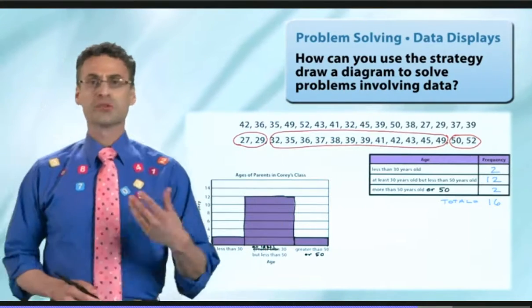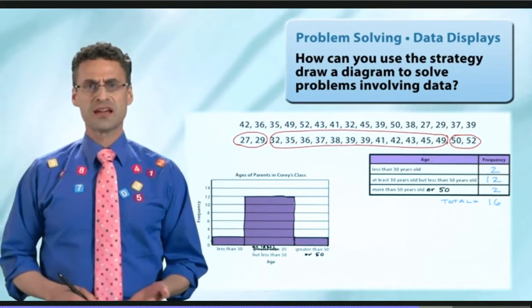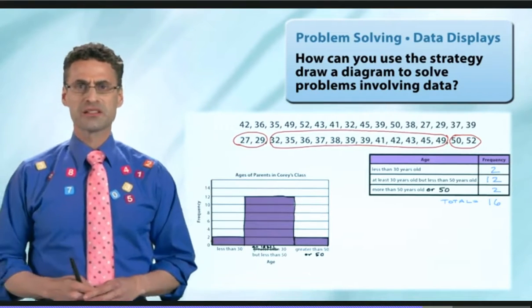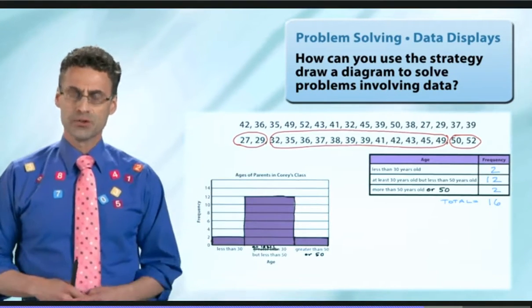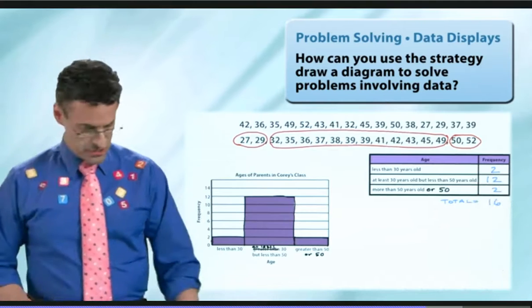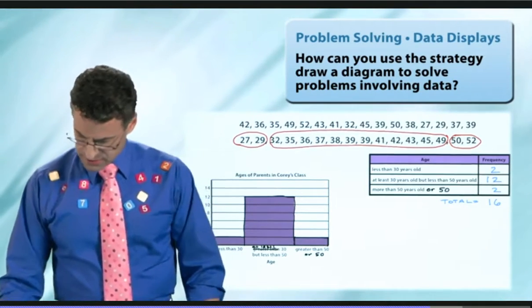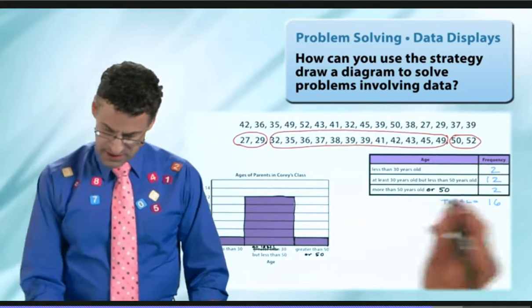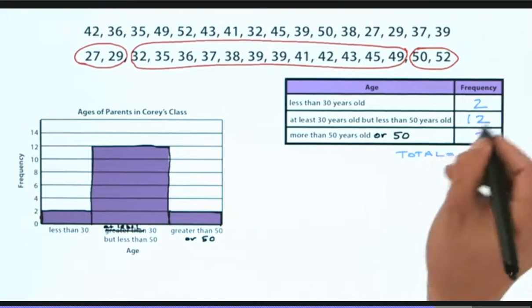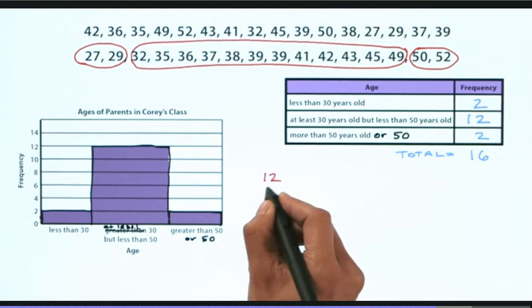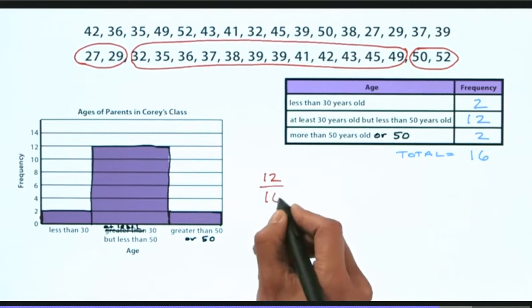Now, we created a way of visualizing the data, and then we want to find the percent of parents at least 30, but no older than 50, and so that's this middle range. So that's just the relative frequency, which we can find very easily. All you've got to do is take the total number that is in that particular part and look at the ratio of the part to the whole.